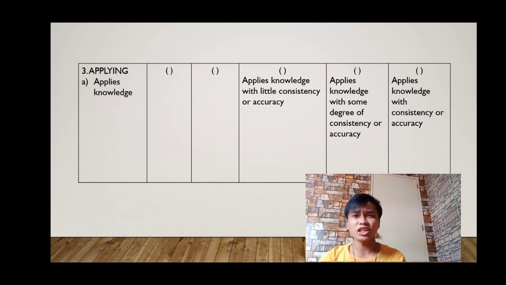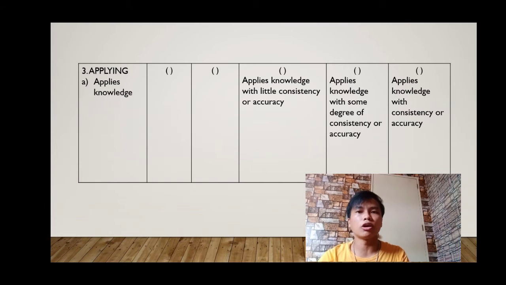In this category, the students do some of the tasks required with some knowledge or skills. So they apply their knowledge, but with little consistency or accuracy. The students are not sure about the results of what they applied or did.